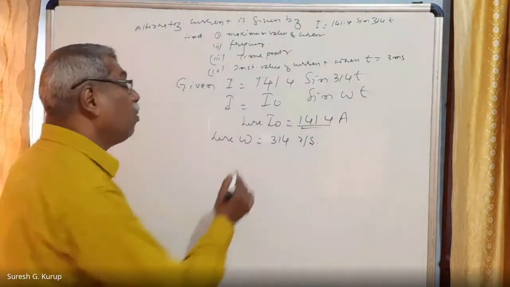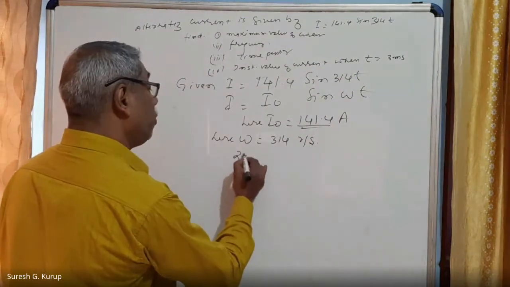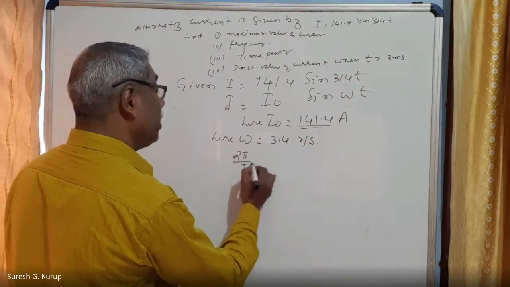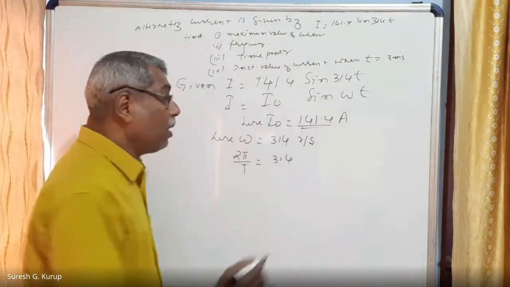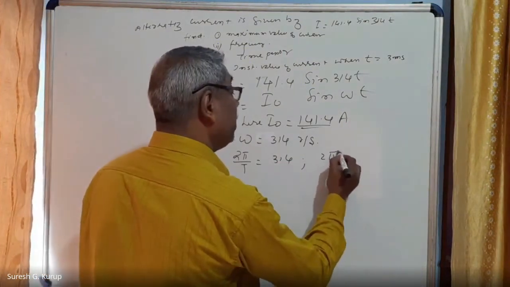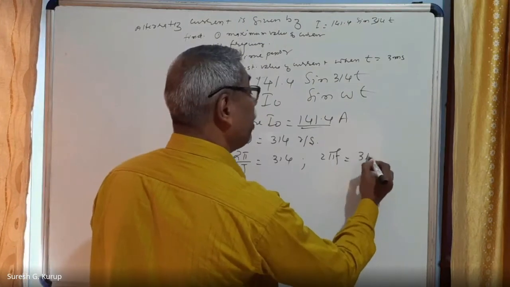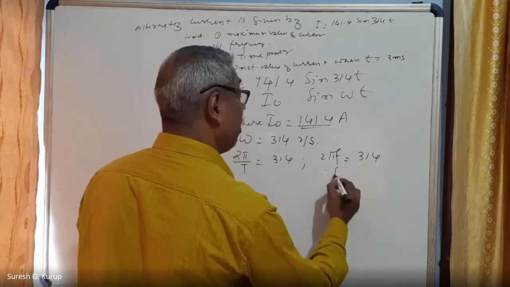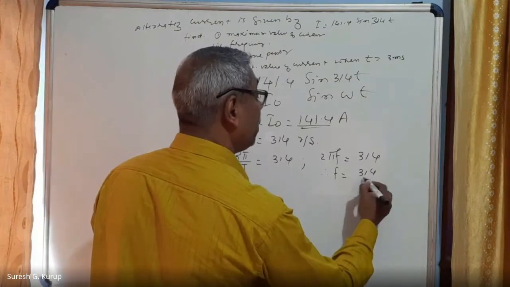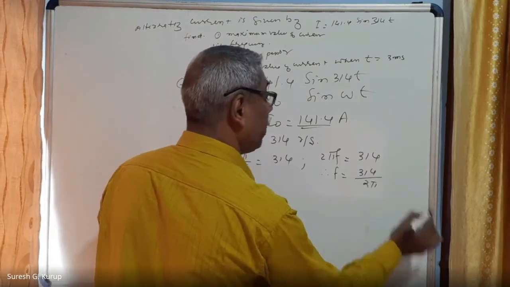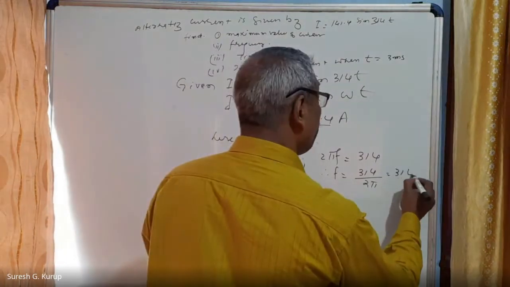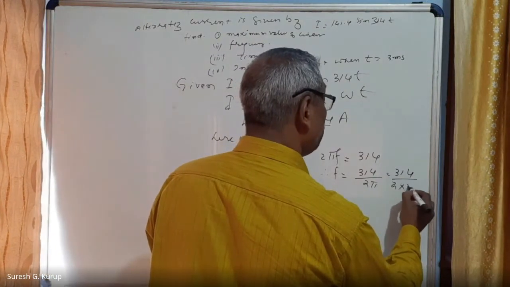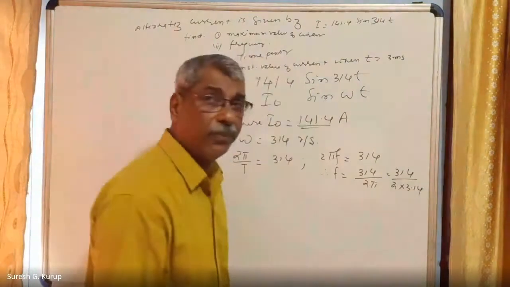Omega is equal to 2 pi by T. Therefore, 2 pi by T is equal to 314, we can write. Or 2 pi f is equal to 314. Therefore, f is equal to 314 divided by 2 pi. This is equal to 314 divided by 2 into 3.14.